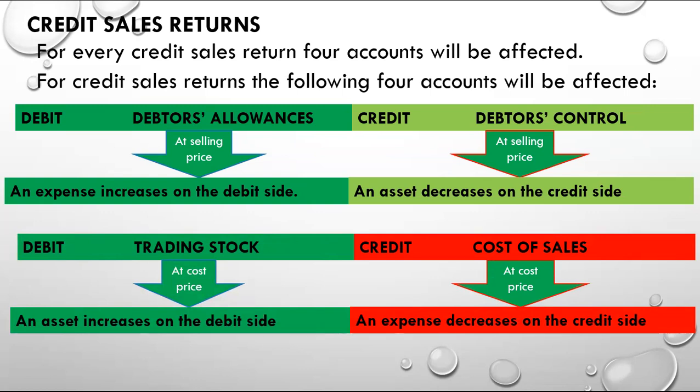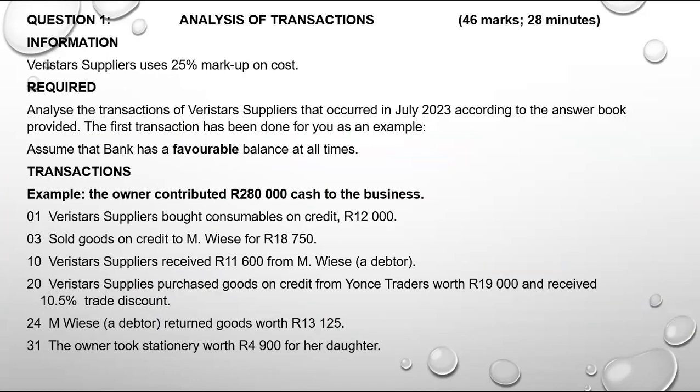That was just an intro. Let's try this one out. So we've got Veristar's suppliers, which uses 25% markup on cost.